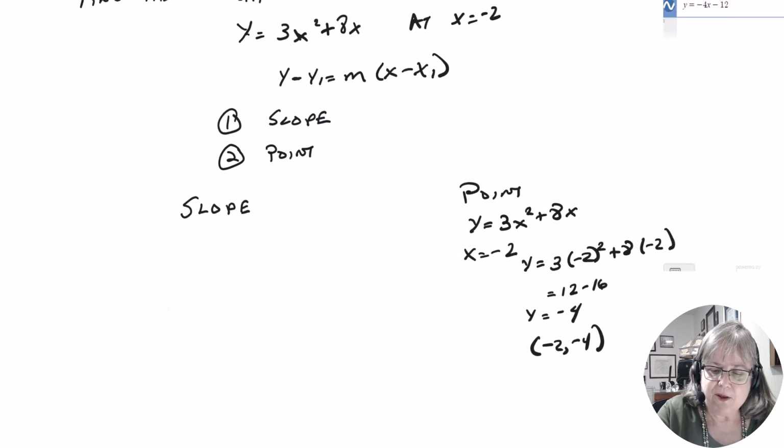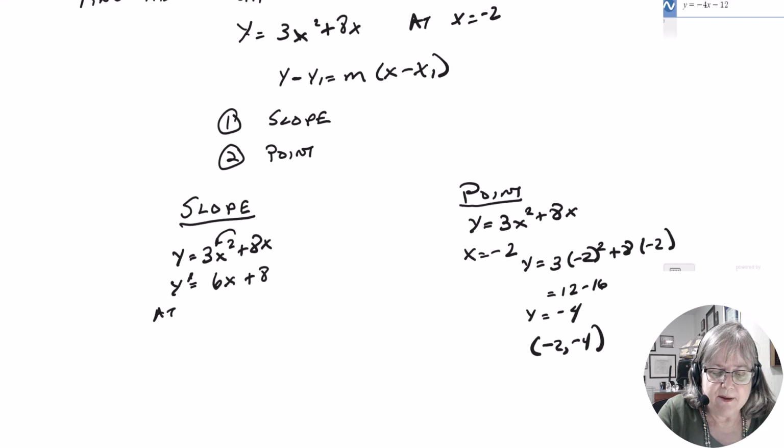Now, let's talk about the slope. The slope is the derivative. So y prime, well, let's write it down here where you can see it. y is 3x squared plus 8x. y prime is 3. Bring the 2 down. 3 times 2 is 6. Leave the x alone, take 1 off the power, and the derivative of 8x is 8.